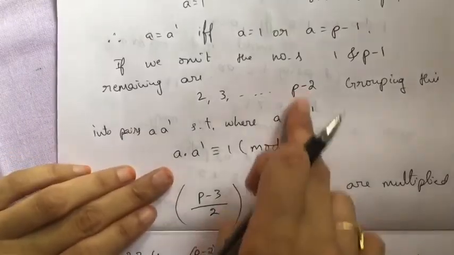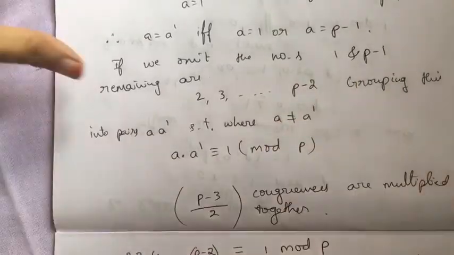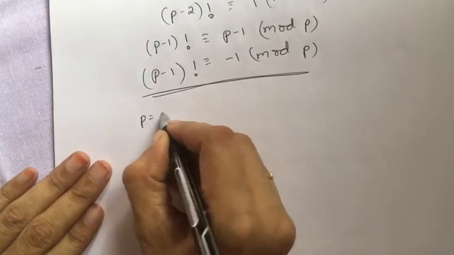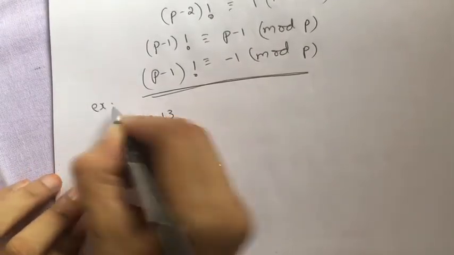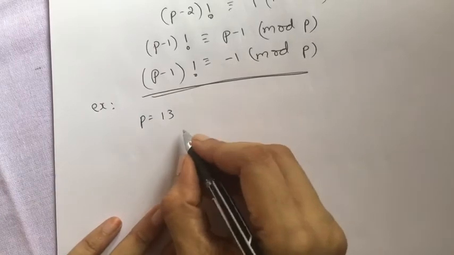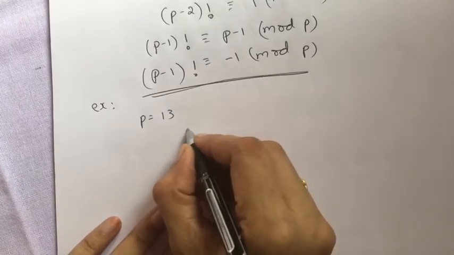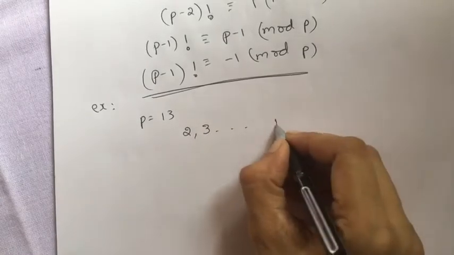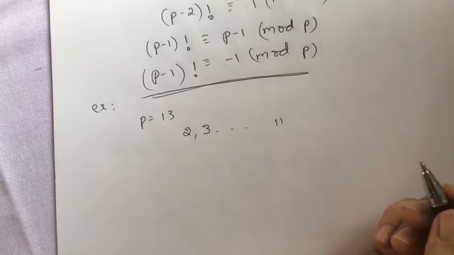I'll tell you how this comes. I'll explain this by giving an example. Suppose I have p equal to 13. So the solutions will be in this set of integers up to p minus 1.